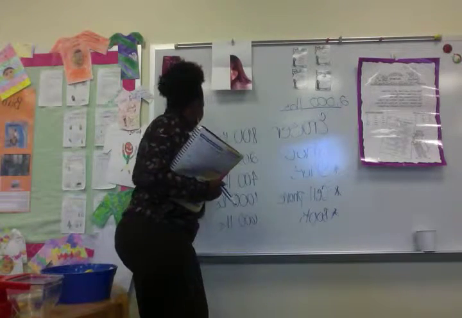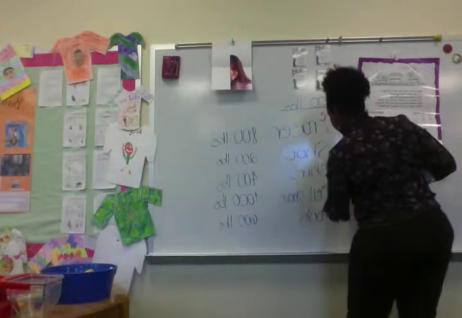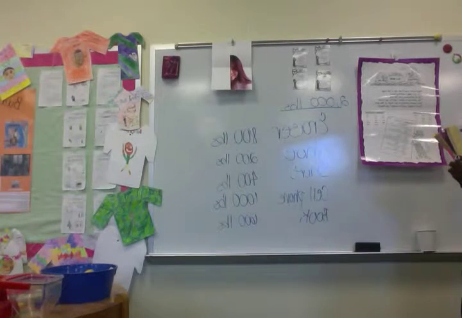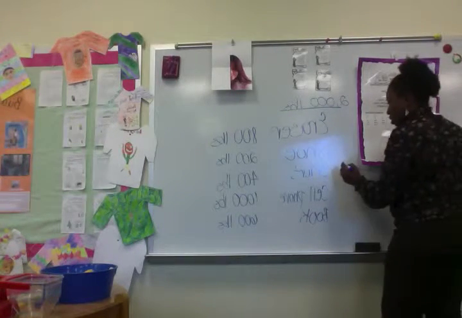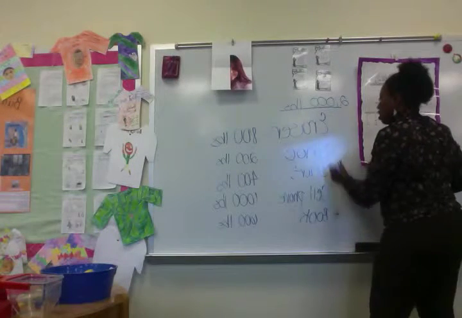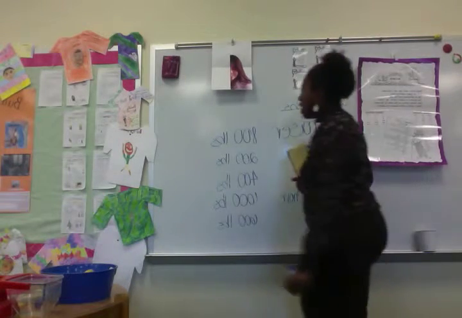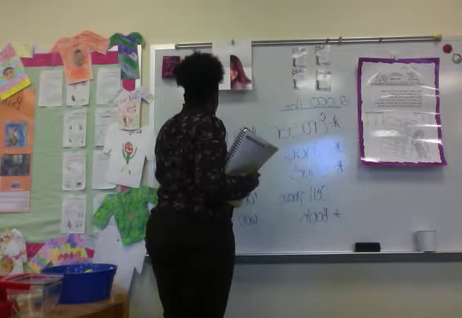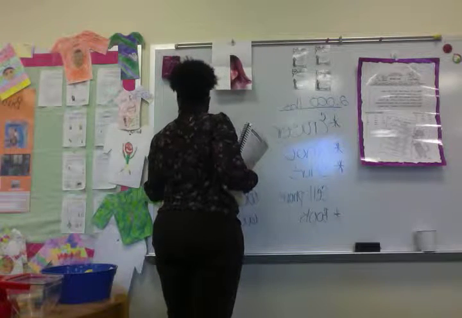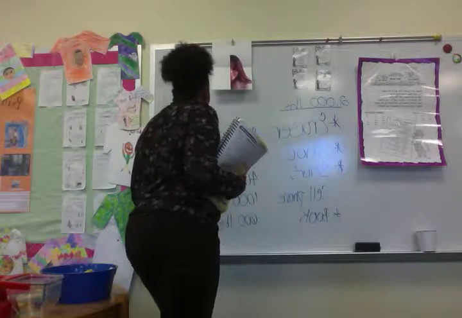What else can we add together outside of those to make 2,000? Yes. The shirt, the book, the eraser, and the shoe. Are you sure? Let's see. Here, we have 1,000 and we have the shirt, 400.